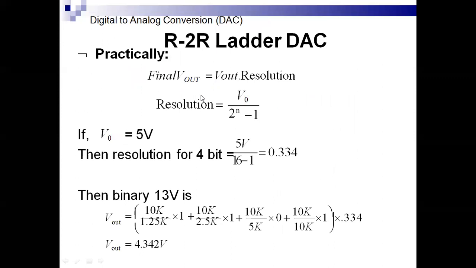So practically, finally V out equal to V out dot resolution, V out upon 2 raised to n, where 5 volt divided by 16, is once again the resolution with 2 raised to n for 4-bit. So it is the final output.